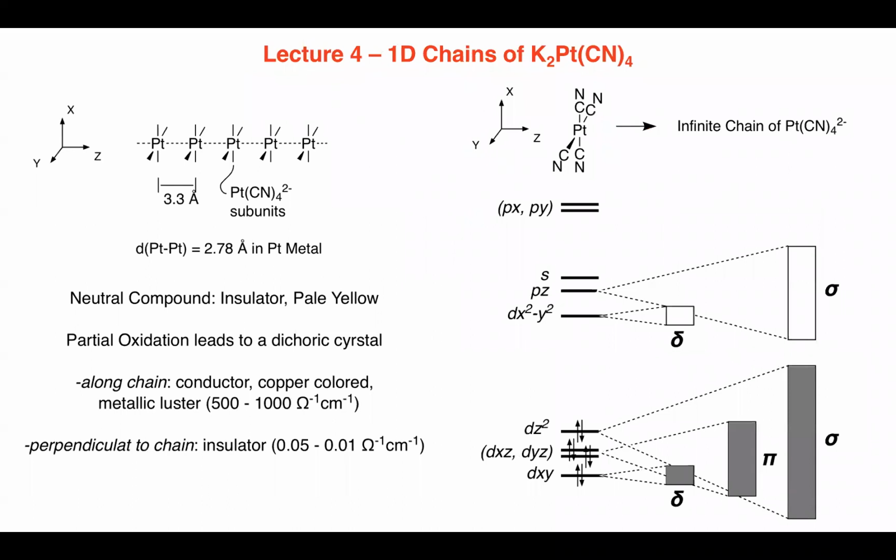So the way that I would answer this is slightly different. I know the electron count of a platinum 2+. Platinum tetracyanide 2- is a platinum 2 complex. And I know how many electrons are sitting on each platinum 2: 8 electrons on each platinum.